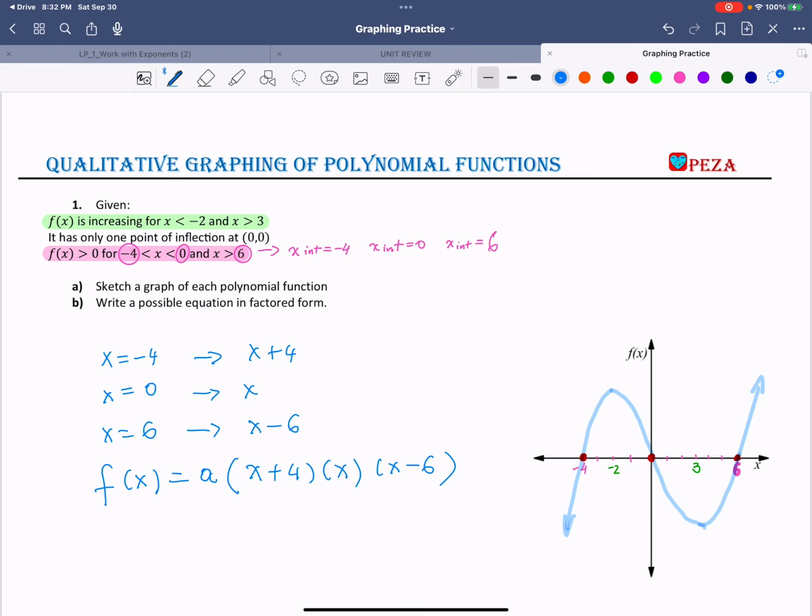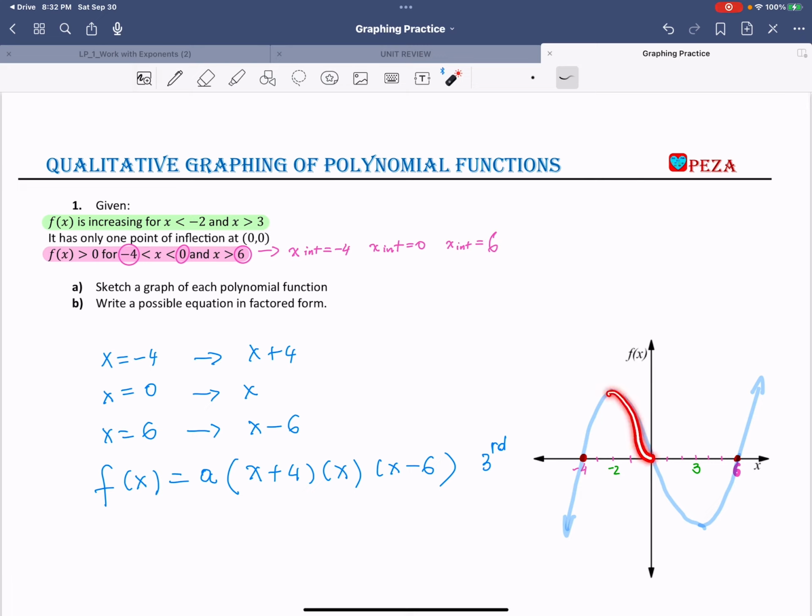Now, when you think about it, and I've mentioned that before, this appears to be a first order zero, and that's why x is to the power of 1, which makes this entire polynomial function a third degree polynomial. However, it can also happen that the x-intercept at 0 is an inflection point, which will make this a third degree zero.